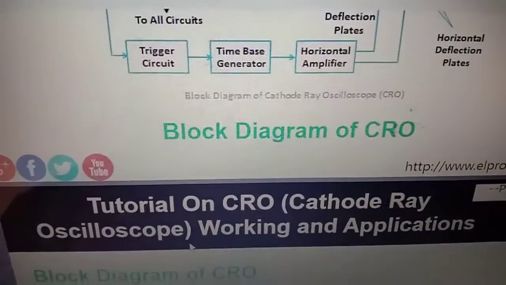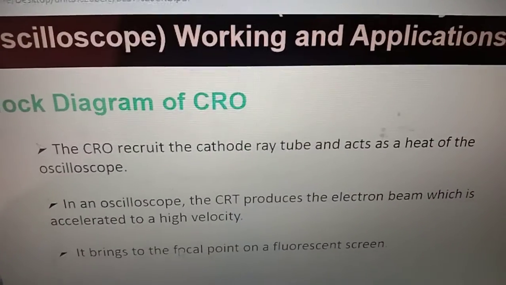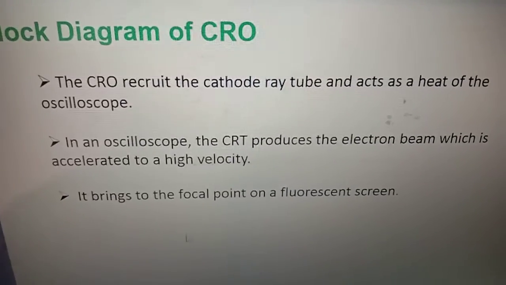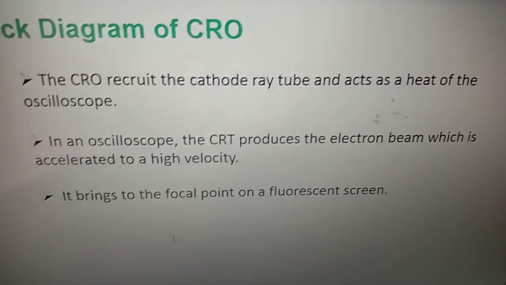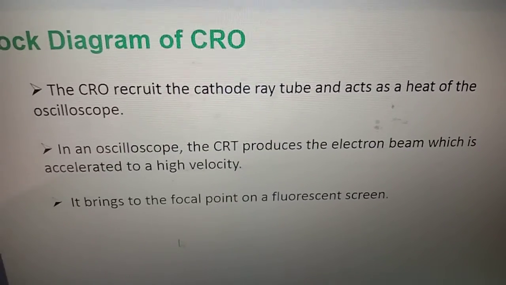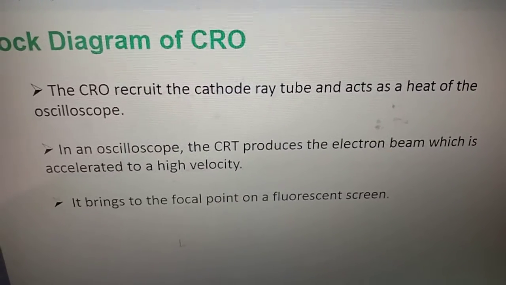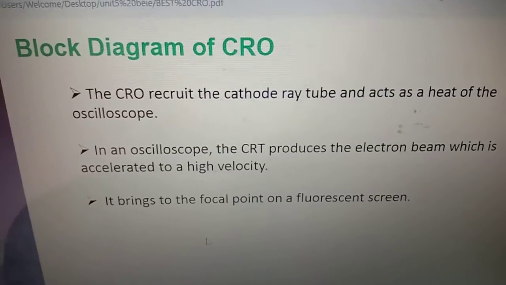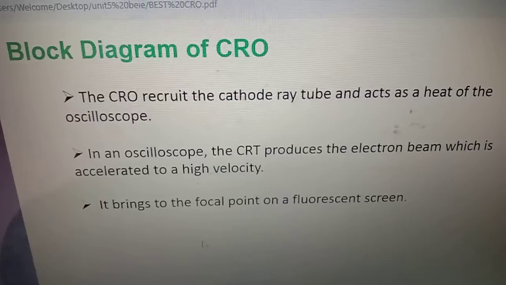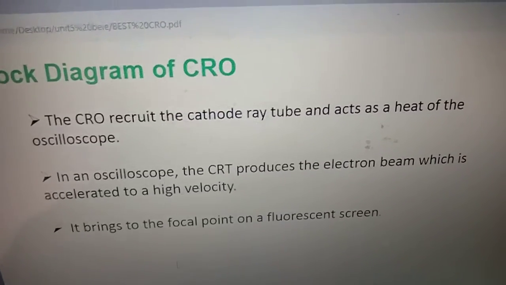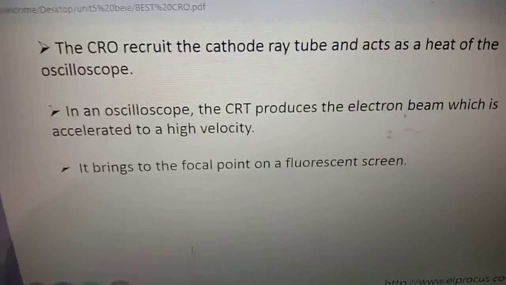Let us see each part in detail. The CRT is the heart of the oscilloscope. The cathode ray tube produces the electron beam, which is accelerated to high velocity. It brings the focal point on the fluorescent screen.